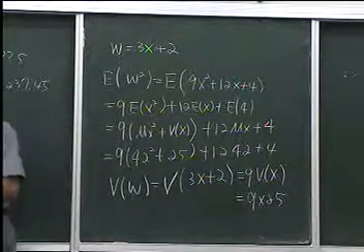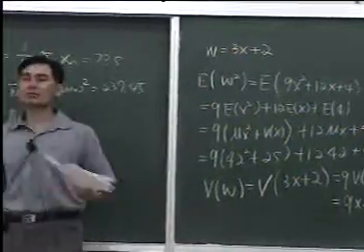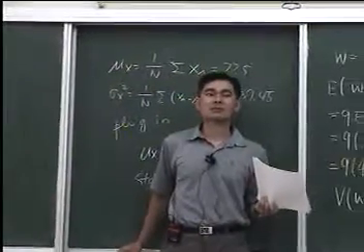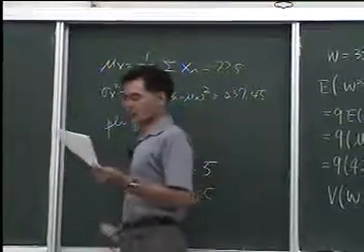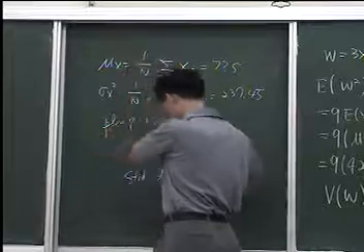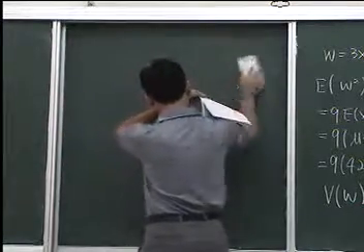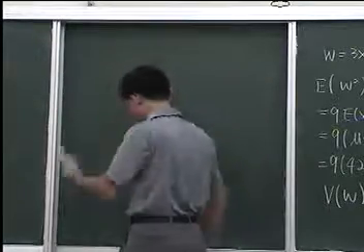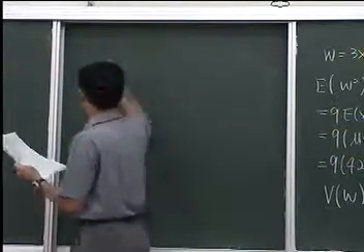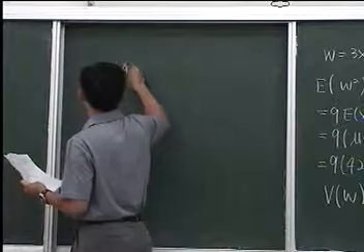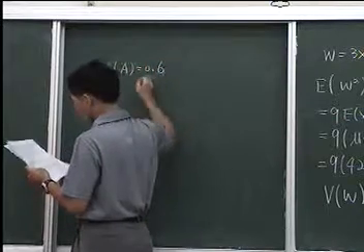So let's look at question 3, okay? Any questions so far? Number 1, number 2? Okay, let's get to question 3. Question 3 says P(A) is equal to 0.6, okay?